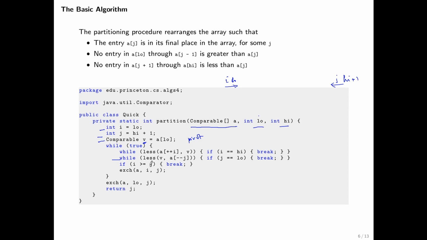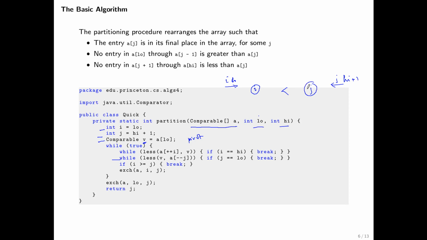But if they don't, then we simply swap the values at i and j in the array A. So you found an i somewhere here, let's say, and you found a j somewhere here. They've not crossed sides, so i is still strictly less than j. What we are saying is that the element at i is greater than or equal to the pivot, and the element at j is less than or equal to the pivot.